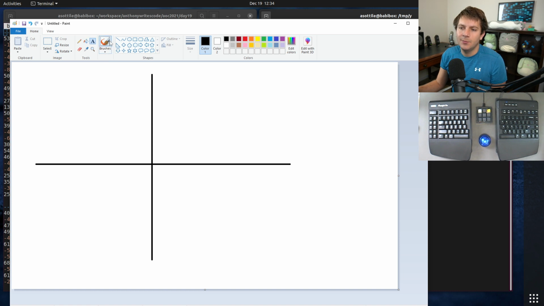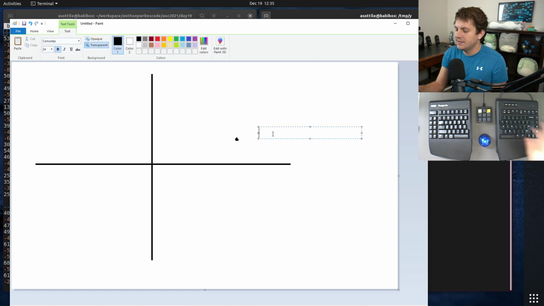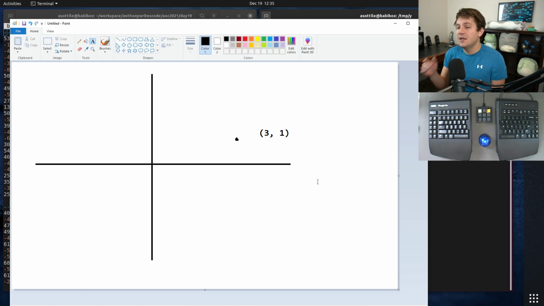Let's consider a point that, according to some scanner, is right here. Let's call that, I don't know, 3, 1, for instance. Now, based on how the scanner is rotated, this could actually appear in three other positions. One that's down here, one that is over here, and one that is up here.